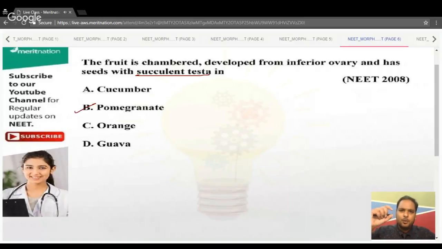Sometimes we play with the seeds of the pomegranate, and inside that you will get the seed. So the outer seed covering, testa and tegmen, right? Exactly. So testa becomes succulent and filled with watery liquid, you can say. Fine. All right.